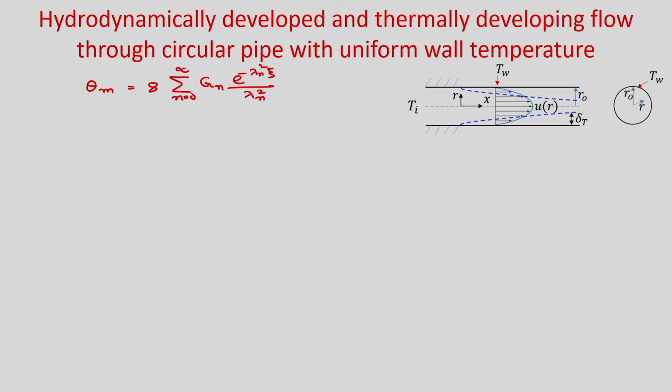Okay. So, now to calculate the Nusselt number, we need the temperature gradient at eta is equal to 1, that means at the wall. So, we need the temperature gradient at eta is equal to 1.